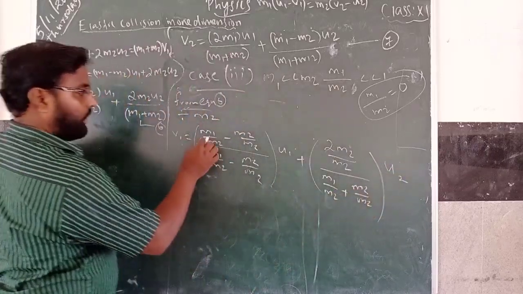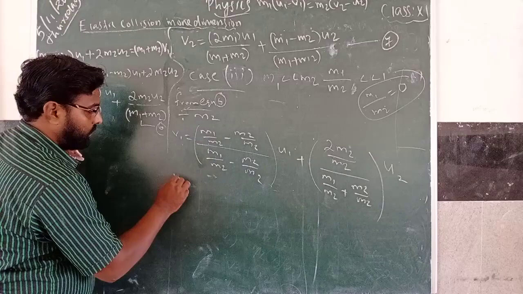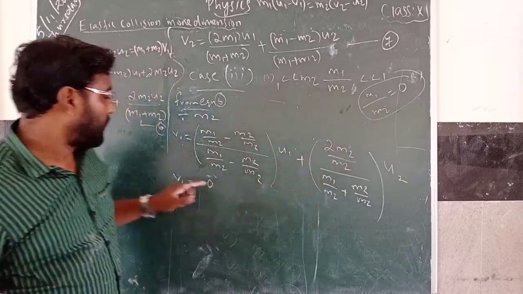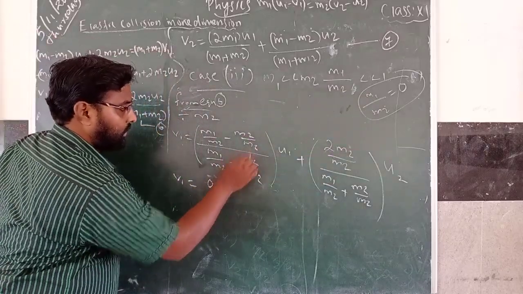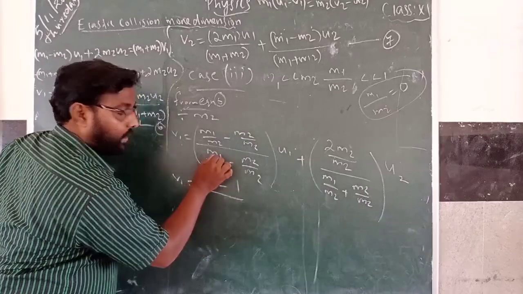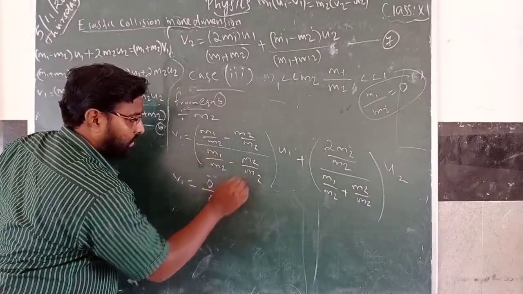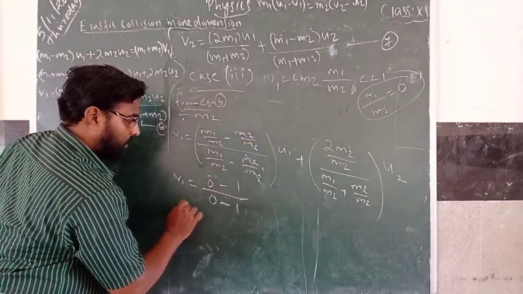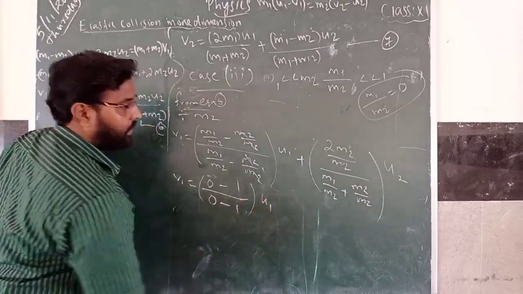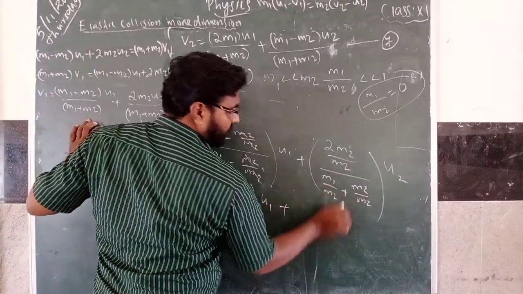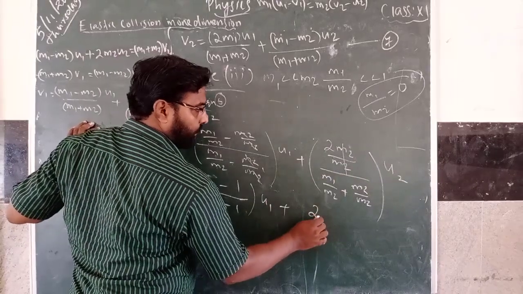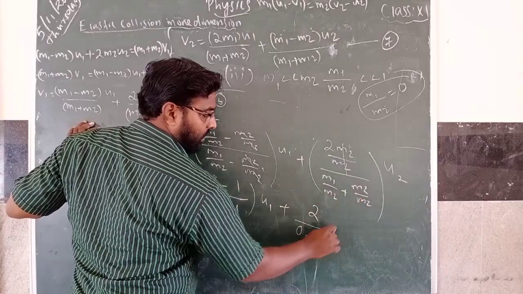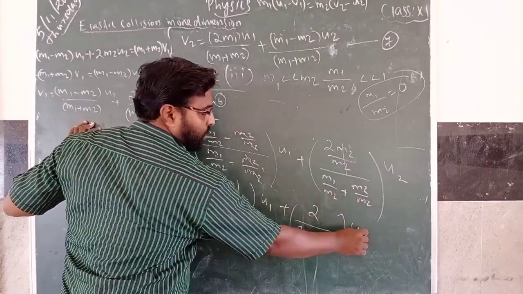Now this M1 by M2 is 0. So V1 is equal to 0 minus 1, M2 by M2 being 1, into U1, plus 2 divided by 0 plus 1 into U2.